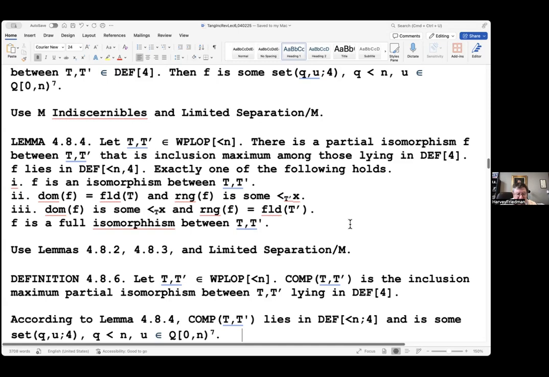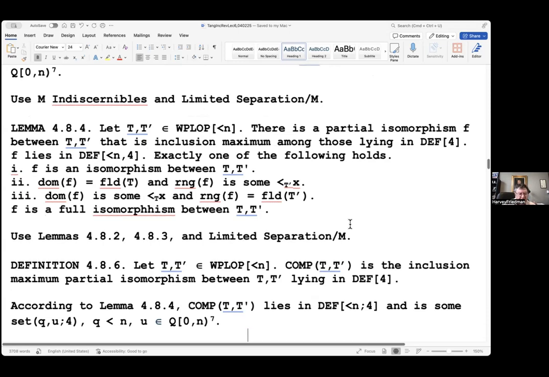It's an isomorphism all the way, or it's total on the domain and the range is all the stuff below a point, or vice versa. And F is a full isomorphism. That's just the definition of full, meaning either the whole domain or the whole range was used. Okay, and this is all from what we had.